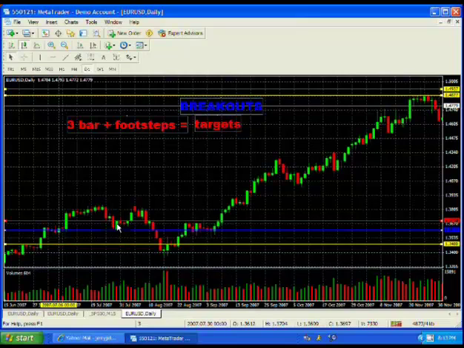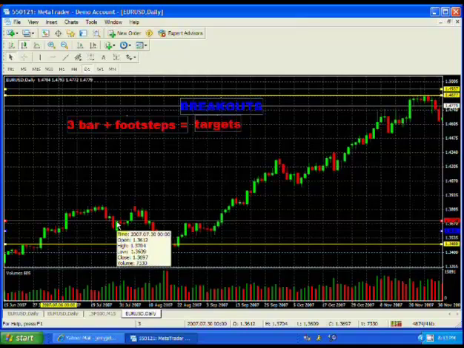And so if we wanted to extend our target to here, that would be okay, because remember, the entire length of the green bar is resistance, and anywhere inside of this bar that you want to take your profit is going to be okay.